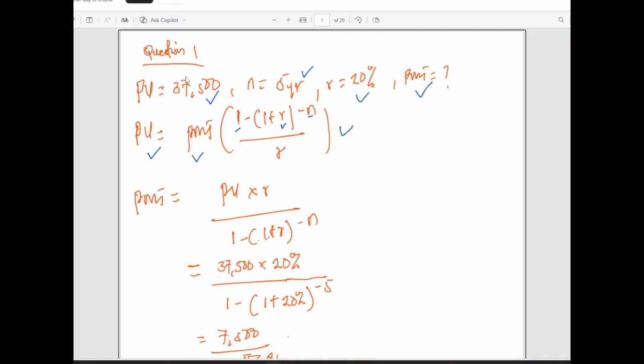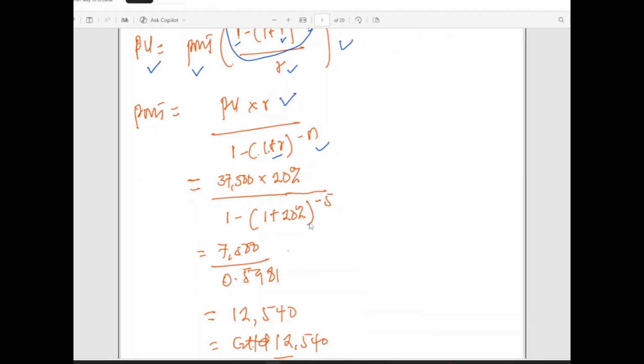So we multiply our present value times the interest, all over 1 minus open bracket 1 plus R close bracket to the power minus n. This will be the formula to get our periodic payment.